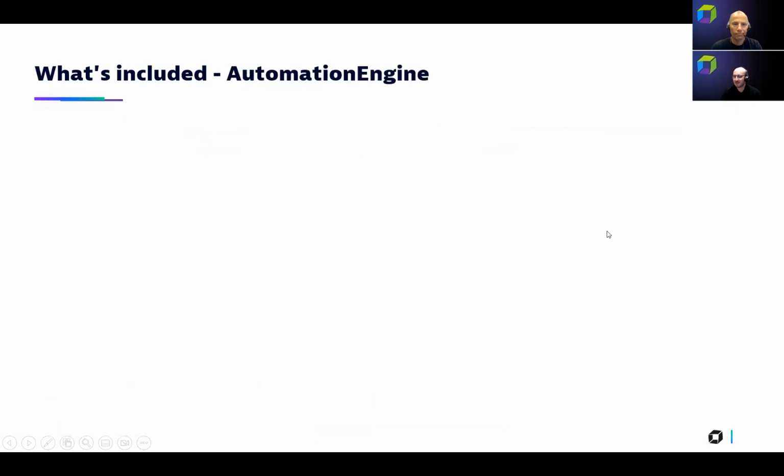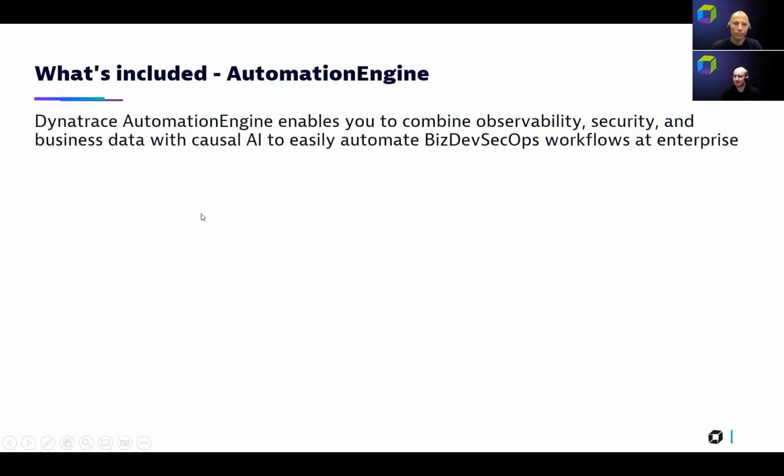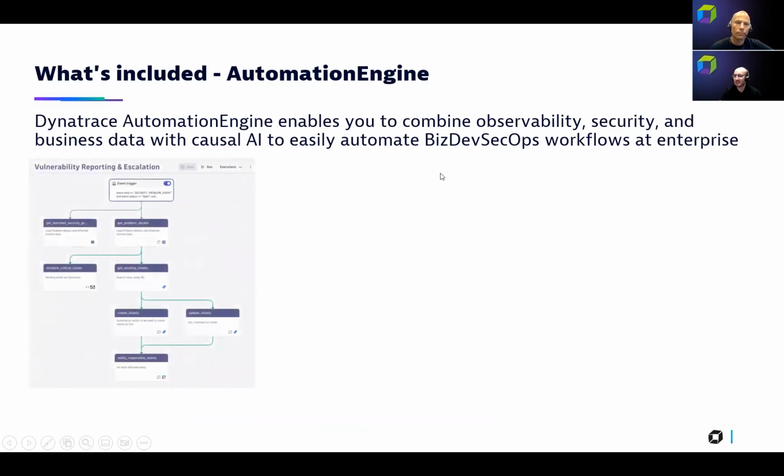So what else do we have in the new platform? We also introduced our Dynatrace automation engine, and maybe you already saw it at Perform. It enables you to combine your observability, security, and business data with our causal AI to automate your workflows at enterprise scale. Okay, and here is an example, a basic example with vulnerability reporting and escalation, and I'm also going to show you a short demo of what we have in our platform.